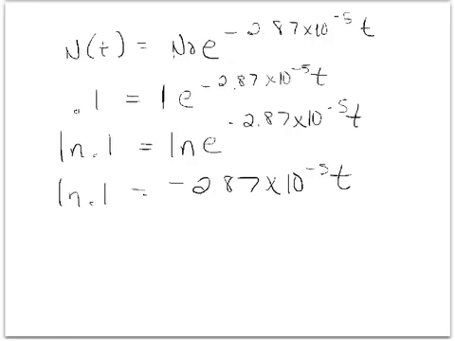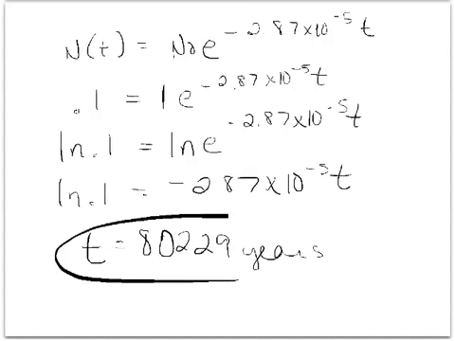Natural log of 0.1, close parentheses, divide by negative 2.87 times 10 to the negative 5th. And I have t equals 80,229 years. Crazy.